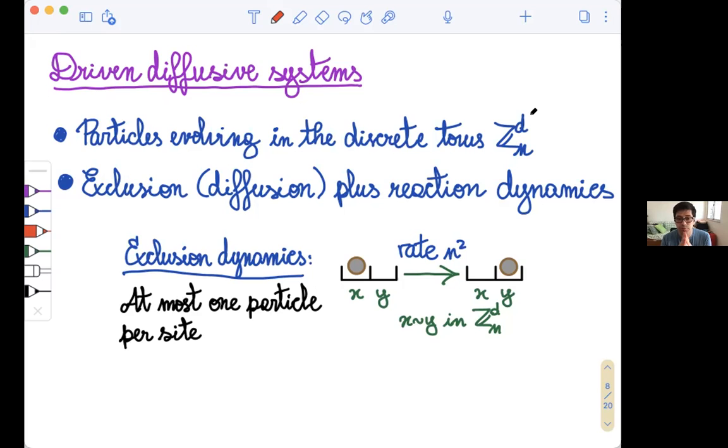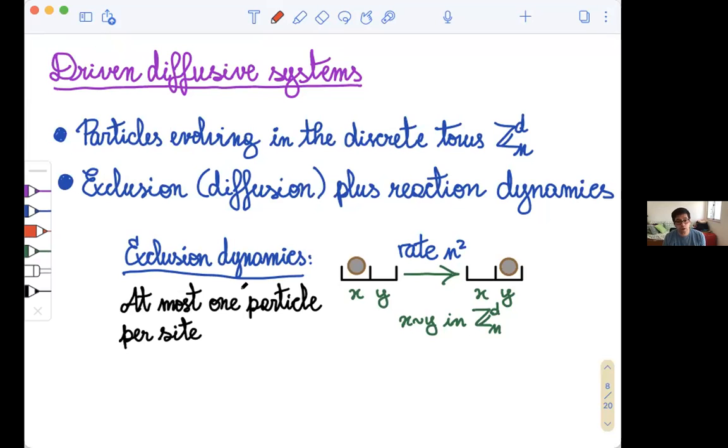And we will have exclusion dynamics, okay, which is the same as I presented before, but now instead of having an evolution on the interval, we'll have an evolution on the lattice. And in this case, it's a periodic setting, so there are no reservoirs. There are no hidden reservoirs, so the source of asymmetry comes from a different place.